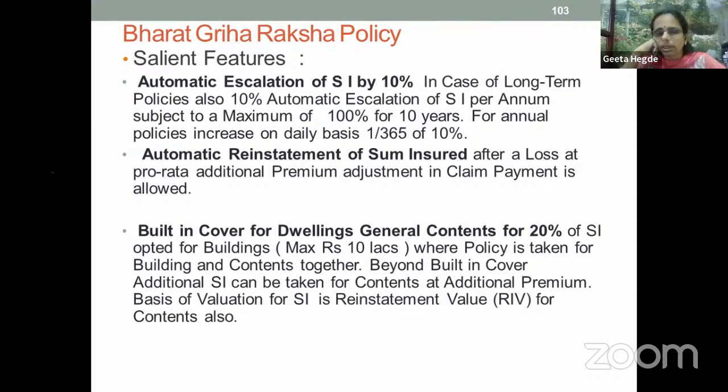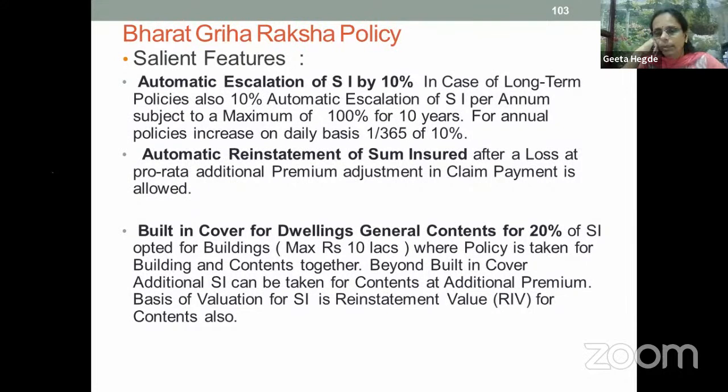For annual policies, the increase on a daily basis is 1/365 of 10%. So even if the policy is opted on an annual basis, think of a 1 year policy, still the sum insured will increase by 10%, but not on the first day, but 1/365 every day.